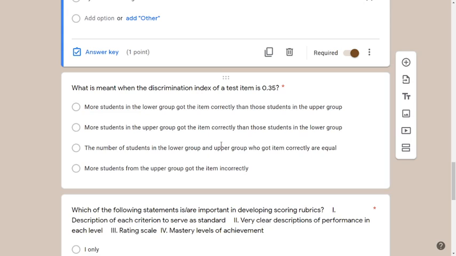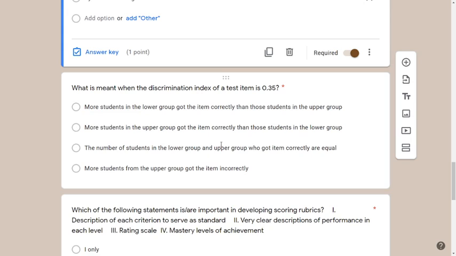So imagine if the upper group is higher, then you subtract it with the lower, the result should be positive, correct?